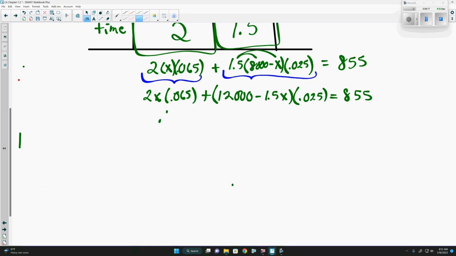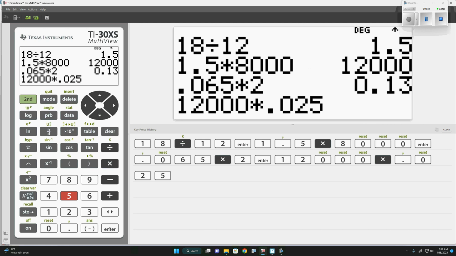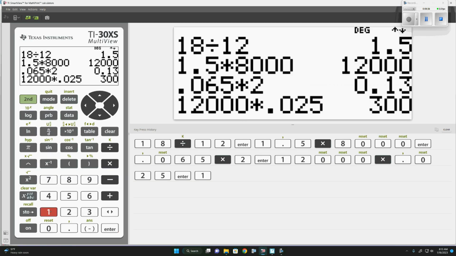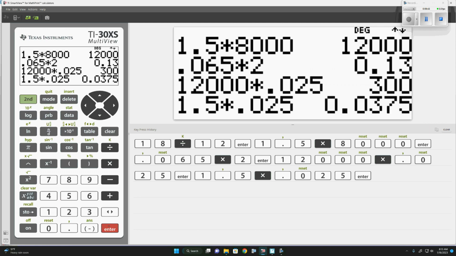So 0.13x plus. Here we're going to multiply both of these by 0.025. So 12,000 times 0.025 is 300, minus 1.5 times 0.025, which is 0.0375x.